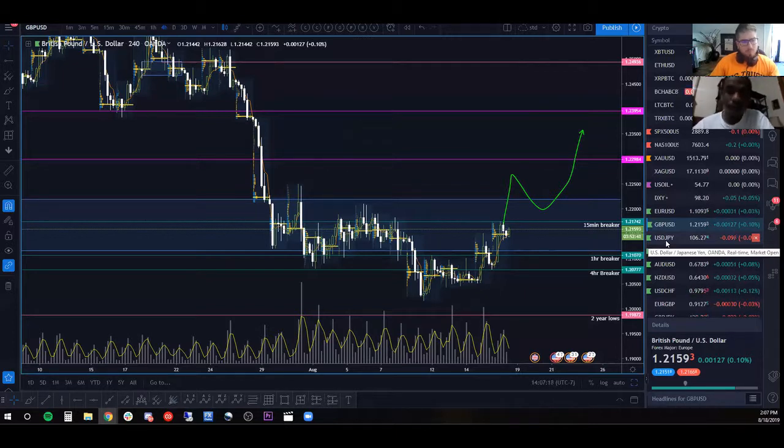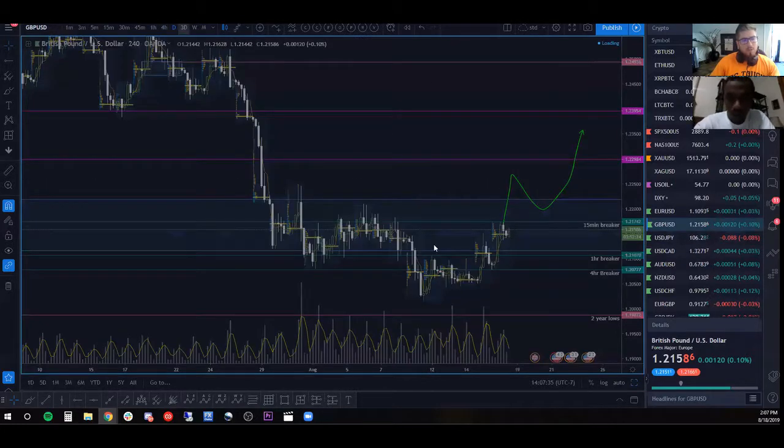However, if we do have some fundamental bearish news that comes out from Boris again, based on the Brexit and etc., then we do look for that 2-year lows, because that is something that many people have been speculating currently in the Forex space as to whether we could test it or not.